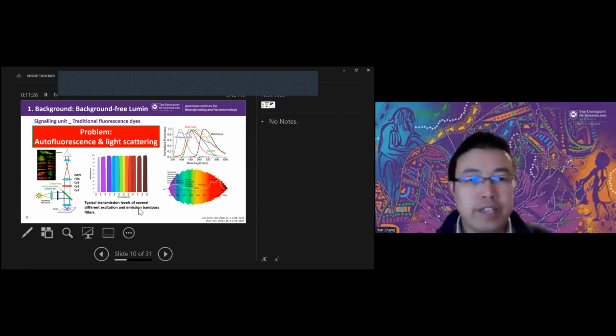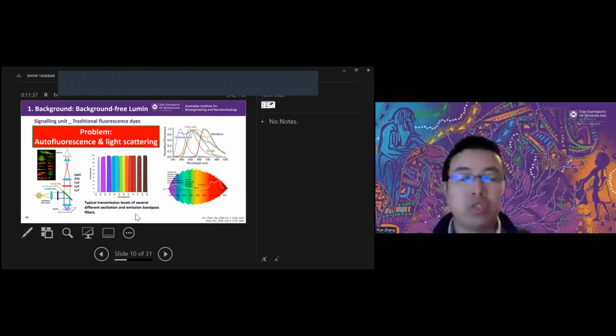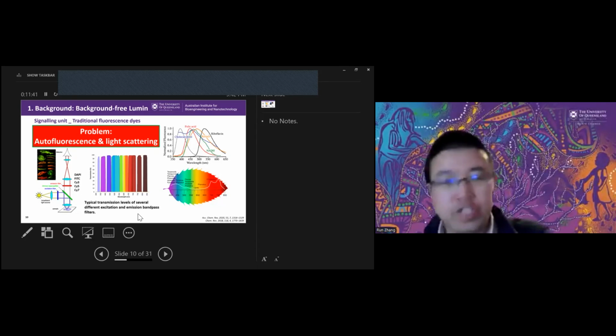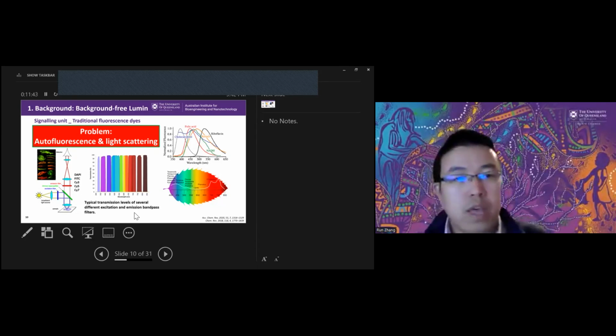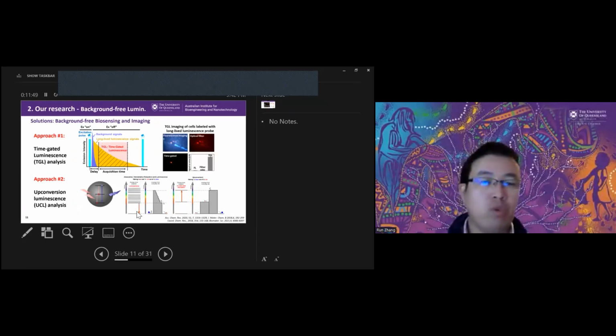That means the signal we record, even though we are using the filter, is always mixed. The signal is always a mixture from our probe responding to the target analytes, and also the autofluorescence and scattering.